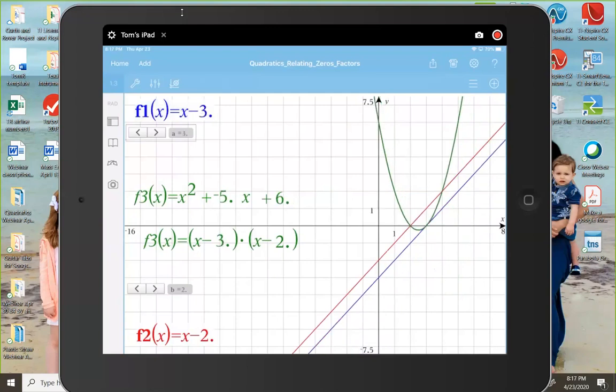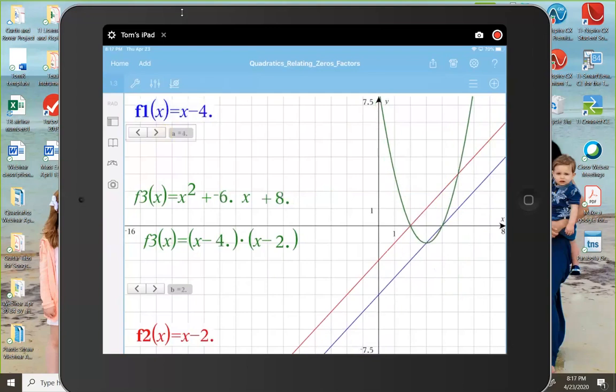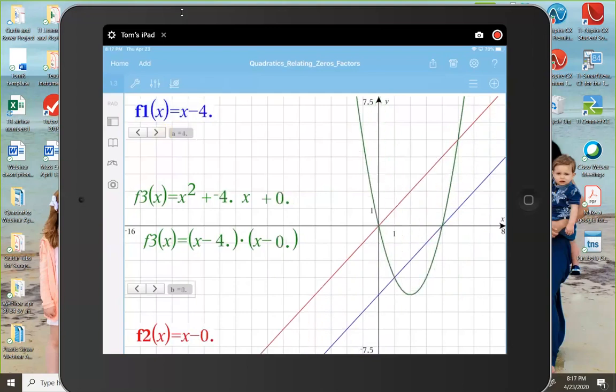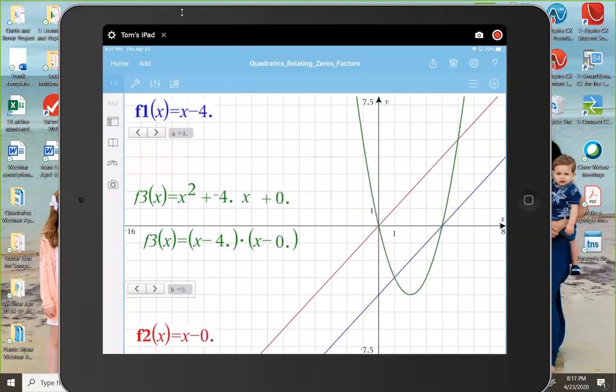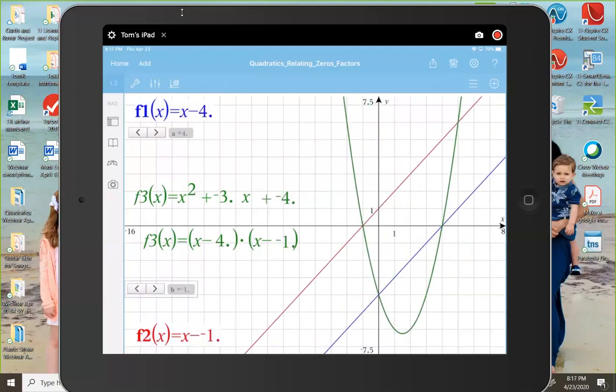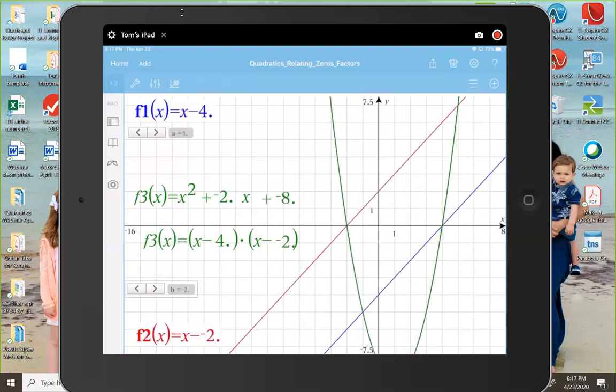The factors are changing, the x-intercepts are changing, the product's changing, and so on. And I could do the same thing with the red function. And I can start to talk about the relationship between the factors, the x-intercepts, the roots, the zeros, all that good stuff, all by playing with the sliders.